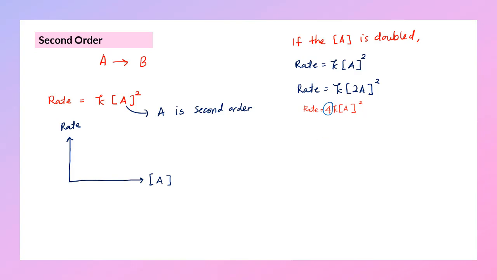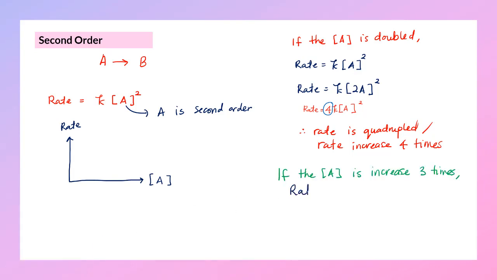So we can say that the rate is quadruple, or the rate increases 4 times. If the concentration of A is increased 3 times, the rate becomes rate equals k times concentration of 3A to the power of 2.